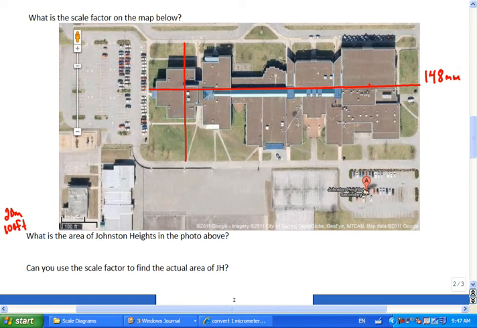And the height of this diagram here would be 53 millimeters. All right. If I look on the diagram here, the top line is going to be 12.5 millimeters. And the bottom line is going to be, let's say 19.5.